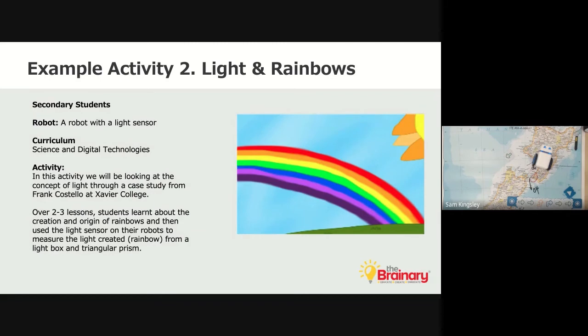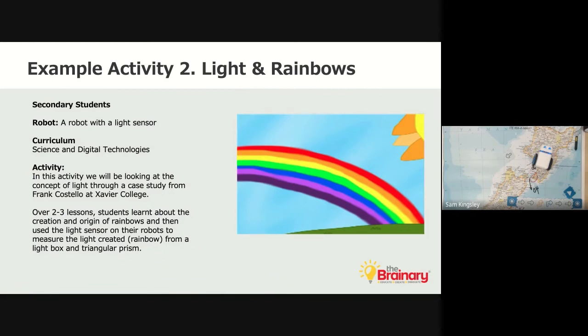So I found this really amazing, and a really useful way to look at integrating robotics across the curriculum. So what they've done here is they've got two classes or two sessions where they start to look at the concept of light and rainbows and the creation of rainbows.